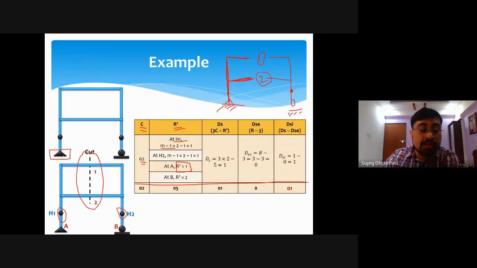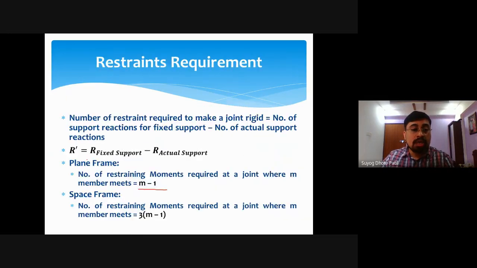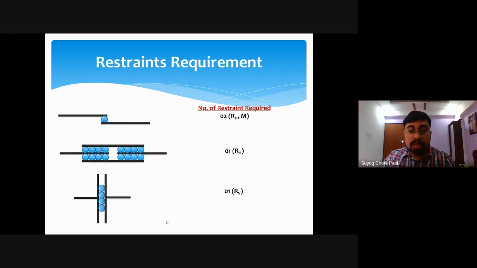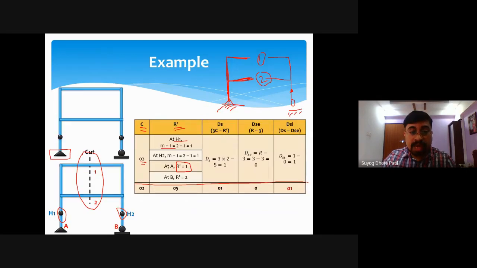If I have to make it fixed, how many additional reactions are needed? By using this formula, r fixed is 3, and the actual support is a hinge, which has 2 reactions. So 3 minus 2 is 1. So r dash will be 1 at A.